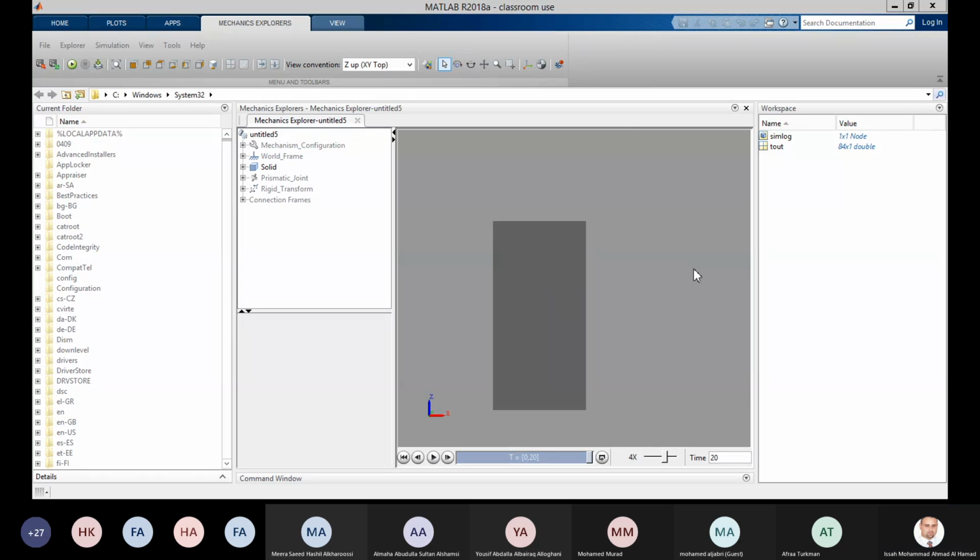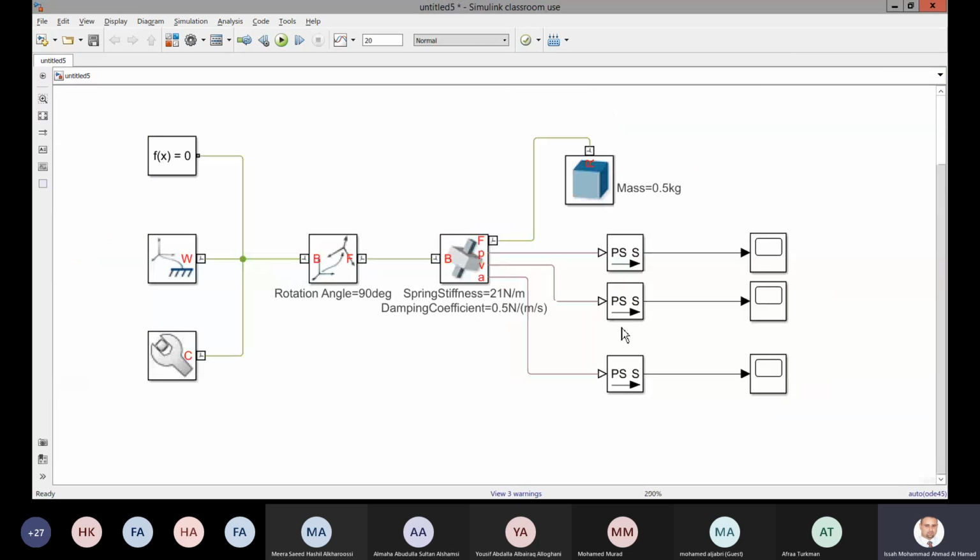Okay, can you make the graph look smoother? Yes, the graph depends on the time, and it depends also on the time steps. If you remember the ODE45, we have the time steps.